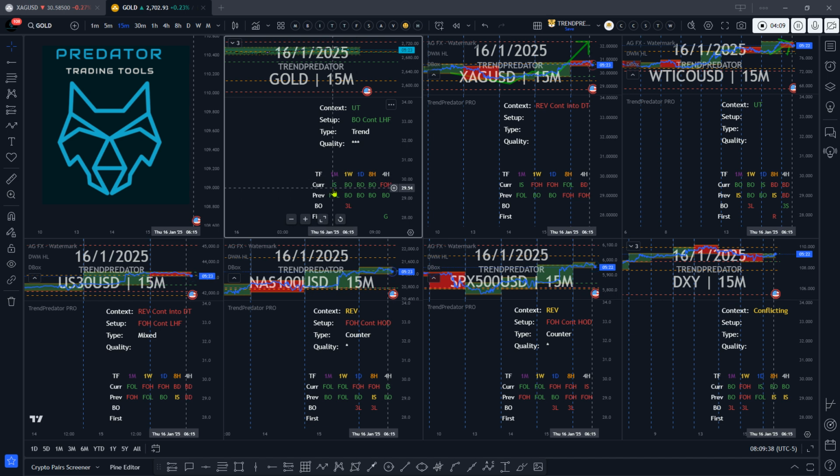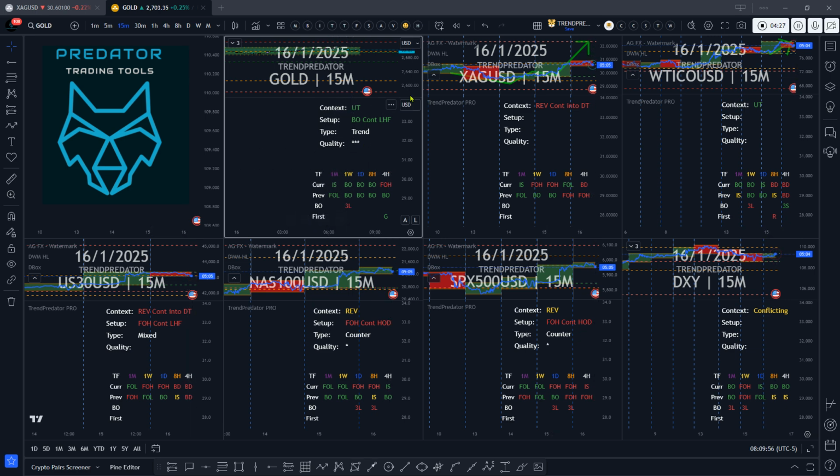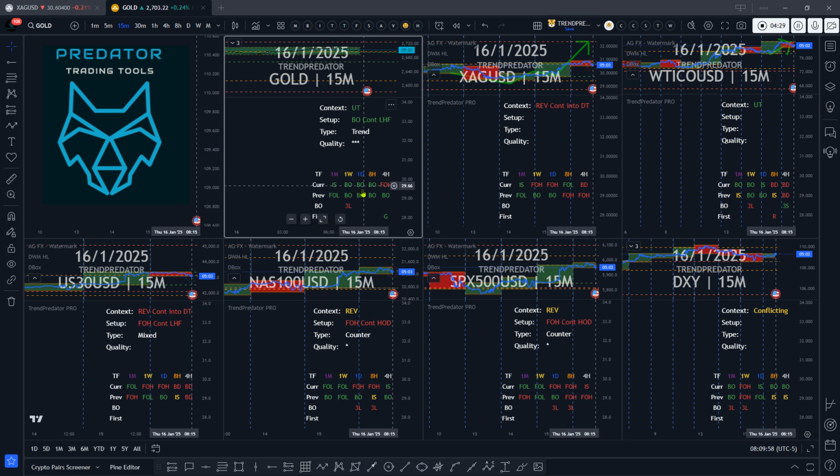So while the weekly and monthly chart is bullish, just be a bit cautious that we're not overextended. We're starting to potentially decelerate in that monthly and weekly bullish trend. Having said that, on the daily chart, we're still making fresh highs.